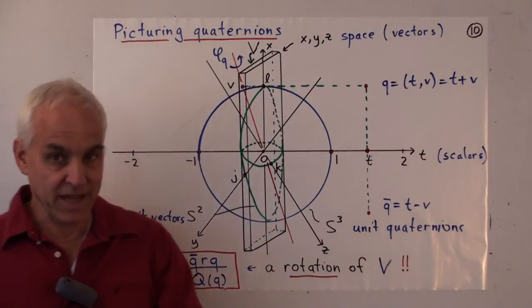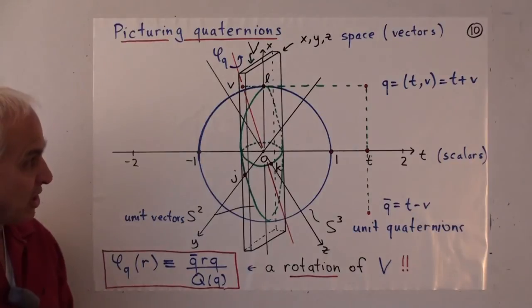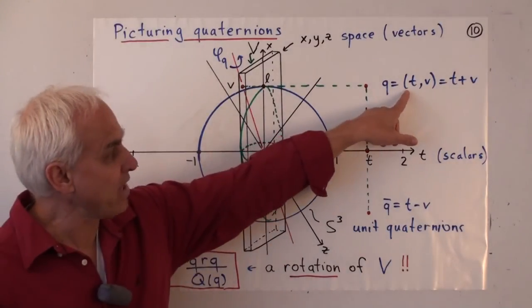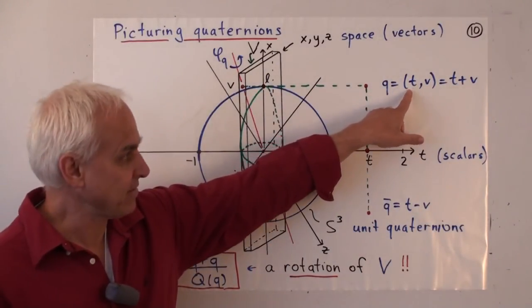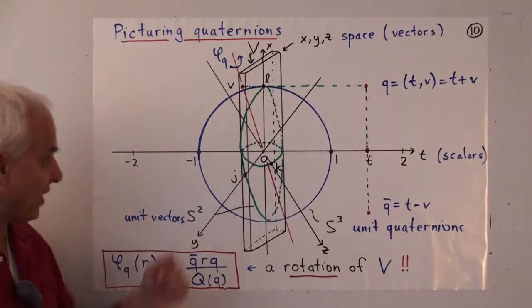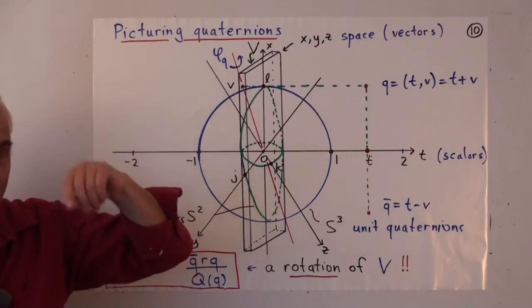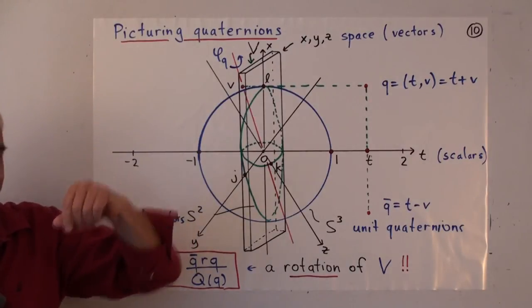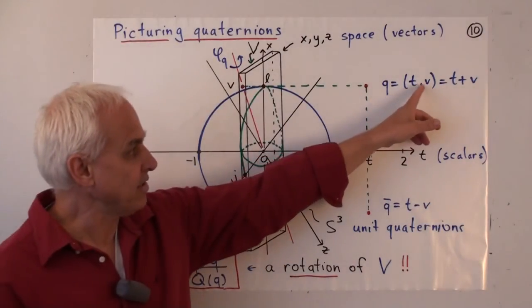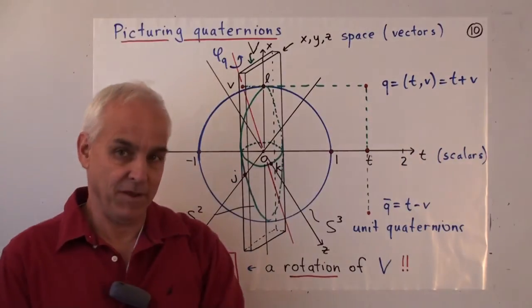This is a very interesting exercise. You can even think about it at this stage. So just how much are we rotating by? This quaternion t plus v, we've said that it's going to give a rotation around the vector v. The question is, how much rotation are we getting? It obviously depends on t as well as on v.